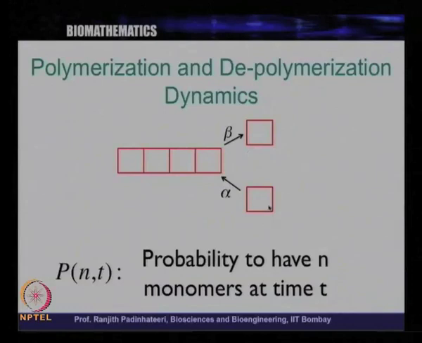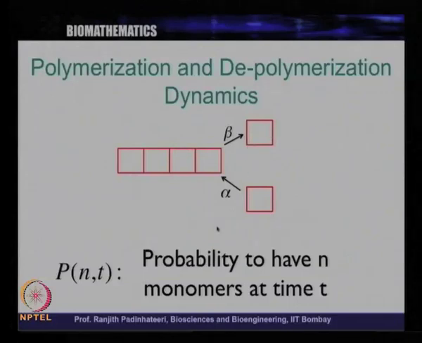You have a filament here, and with some rate alpha you can polymerize, and with some other rate beta it can depolymerize. This is the simplest case one can think of, polymerization and depolymerization.